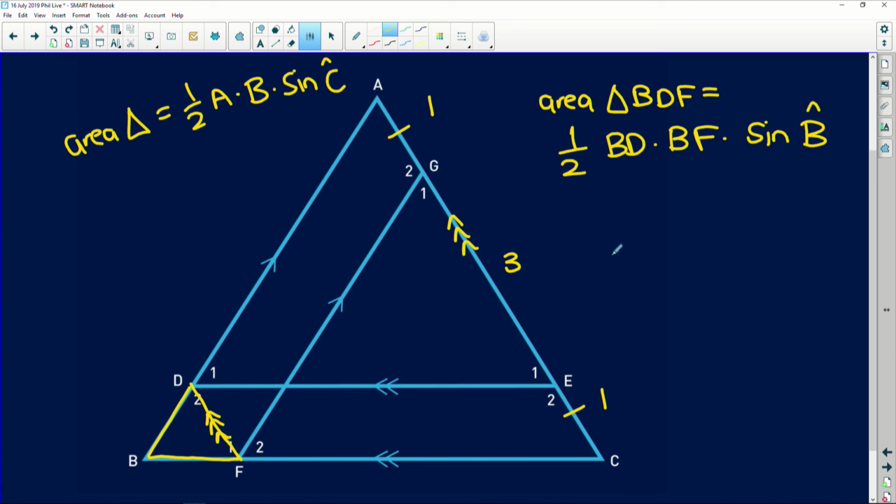Now, if we look over here, we've got area triangle ABC, which is the big triangle that we're trying to relate.